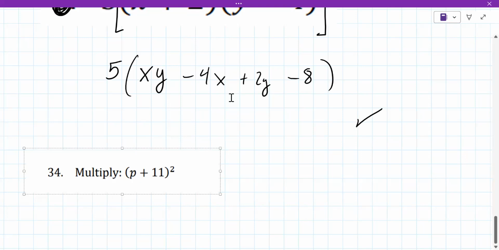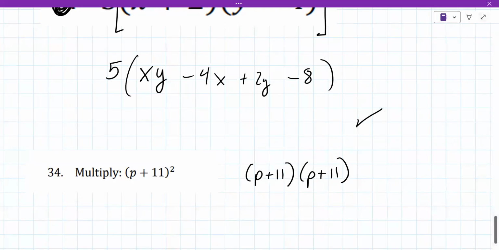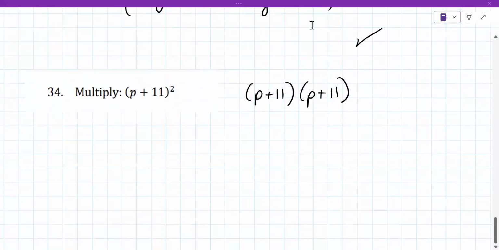All right, I'm back. I was going to give you a hint here. It's better to write it out like this. Does that make sense? Okay. All right. So p squared.